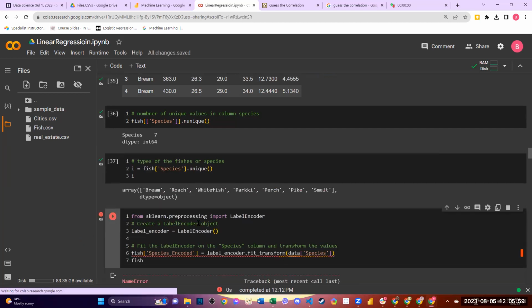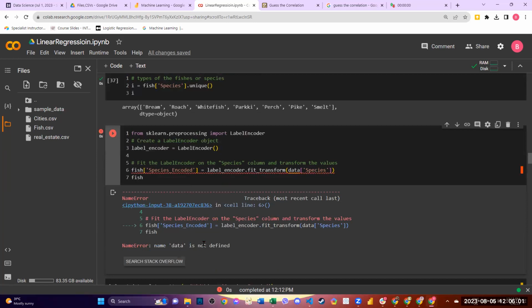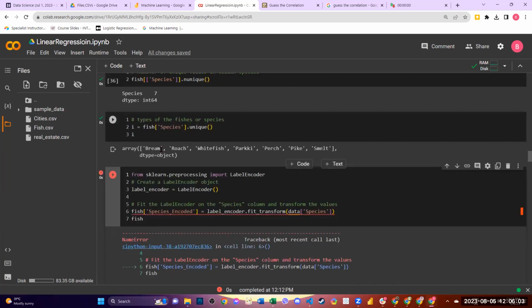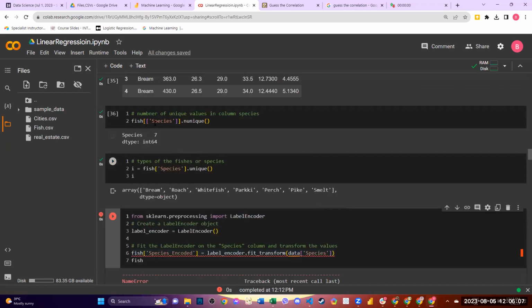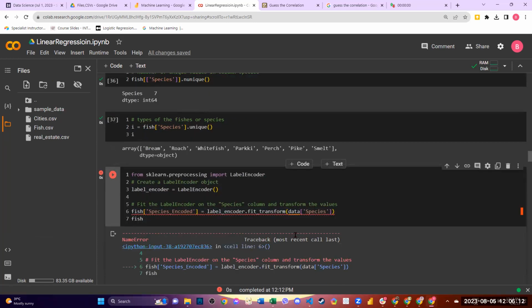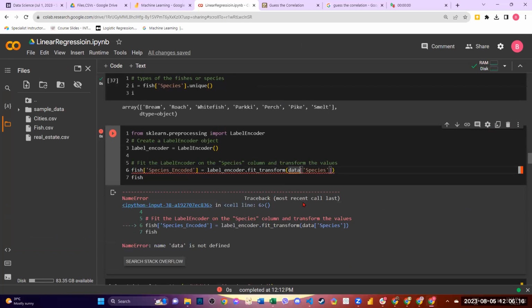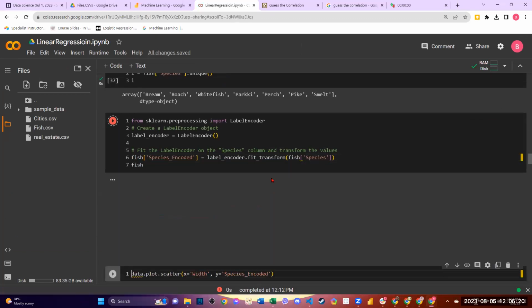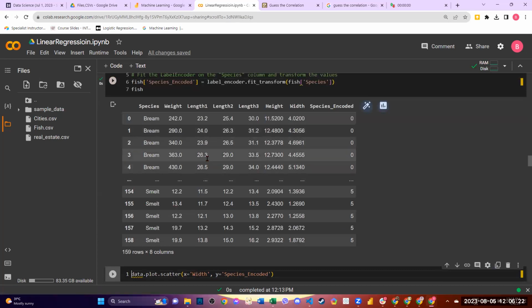And then we need to do a label encoder. Fish, species. So instead of data, we need fish. Transform.